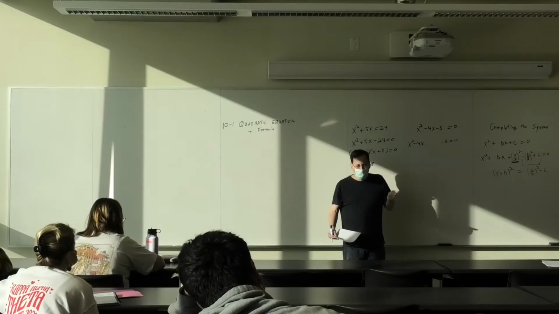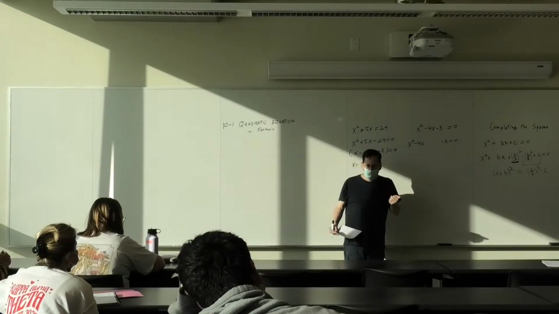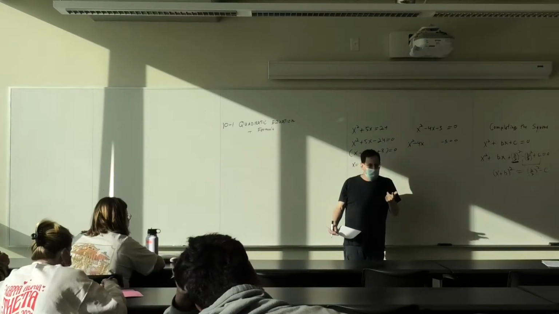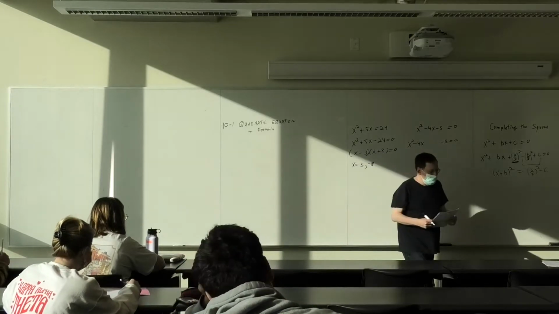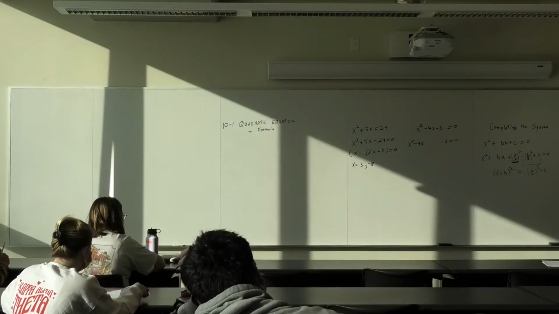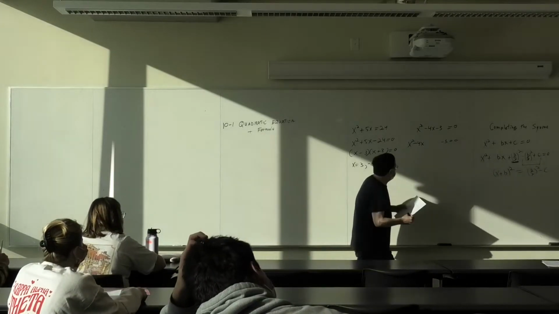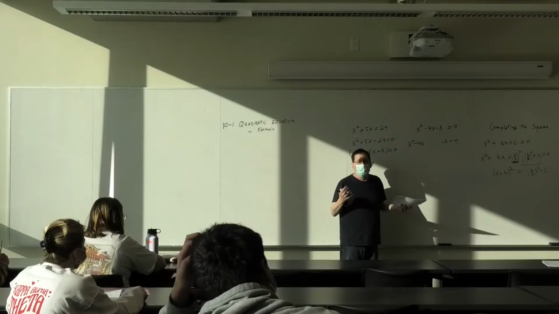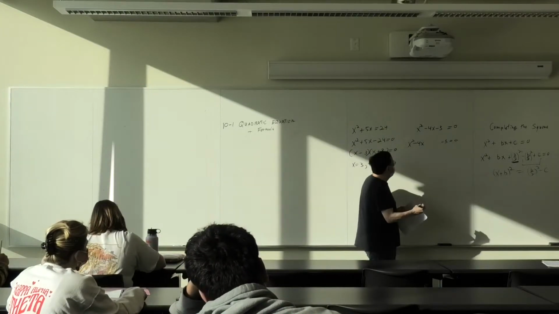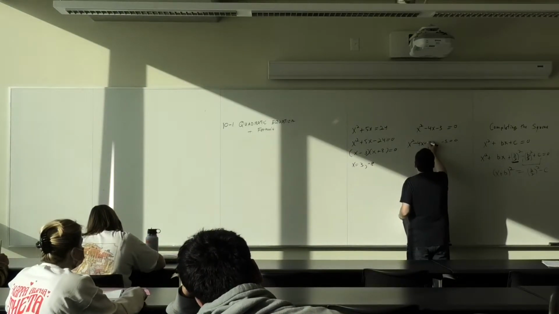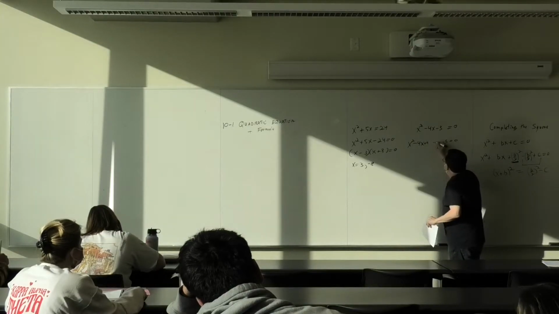I divide it by 2, get minus 2. I square it, I get minus 2 squared, and that's what I use to complete the square. So that's 4. But then I have to subtract 4.